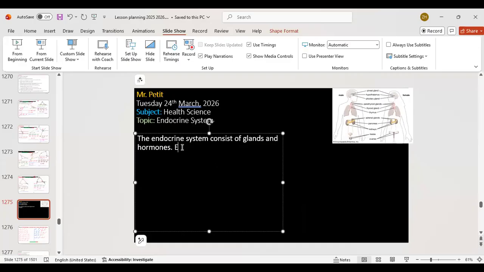Endocrine glands are ductless glands. Ductless means that they don't have a duct. They are without a pipe, because a duct is really a pipe, loosely speaking. They are ductless glands that release hormones directly into the bloodstream.